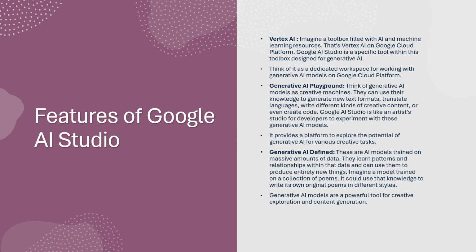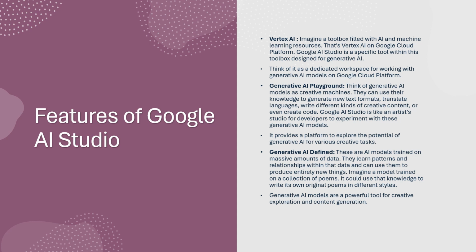First of all, imagine a toolbox filled with AI and machine learning resources. That's Vertex AI on Google Cloud Platform. Google AI Studio is a specific tool within this toolbox designed for generative AI. Think of it as a workspace for working with generative AI models on Google Cloud Platform. Then there is the Generative AI Playground, where you can think of generative AI models as creative machines.